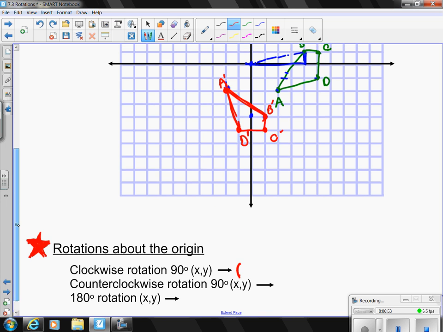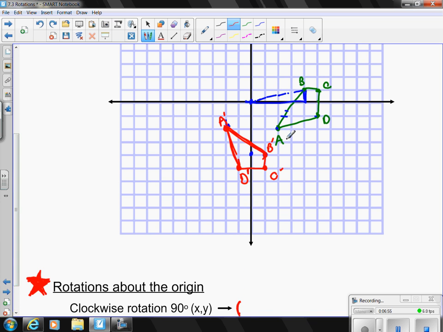Notice the point A was at, let's pick a different point. The point D here was at 5, -1. And D here was at -1, -5. Notice same numbers, right?